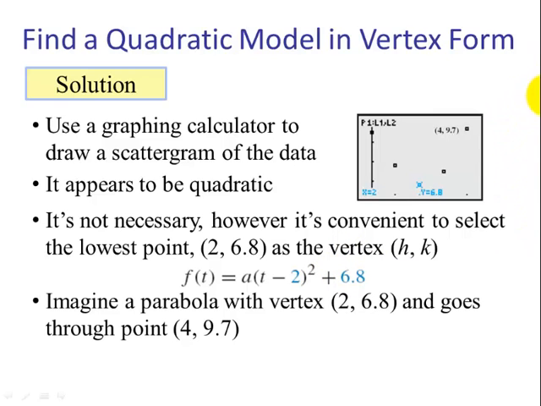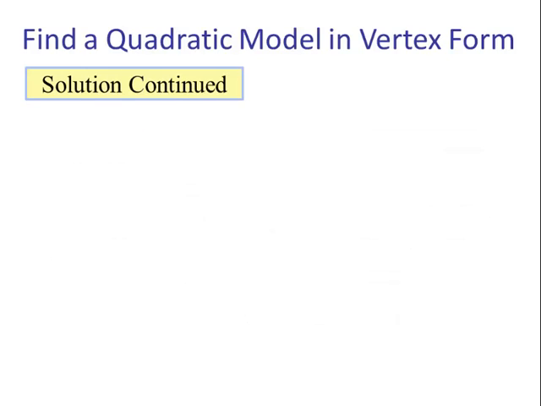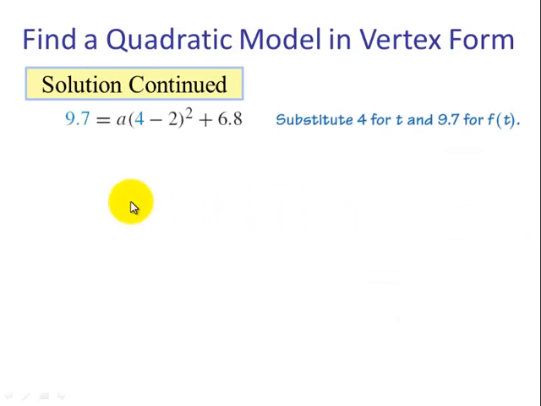So we imagine it goes through the point (4, 9.7), we can use this t and this f(t) value to find variable a. So plugging in our values, we have 9.7, which was f(t), equals a times (4 minus 2) squared plus 6.8.